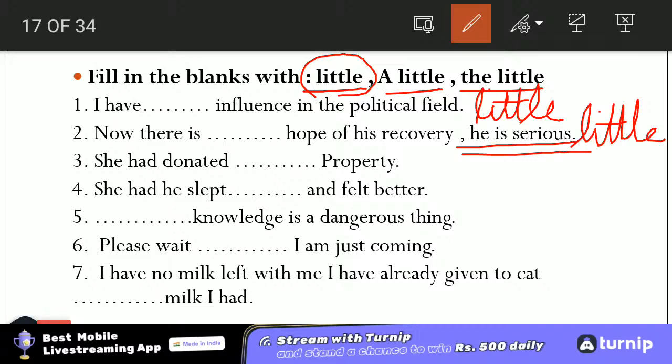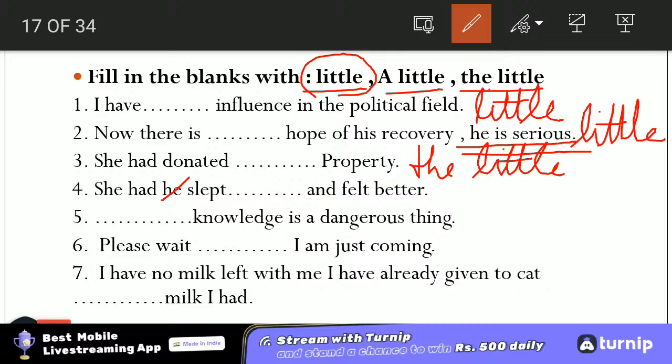क्यों थोड़ा सा ही होप है? क्योंकि वो सीरियस है. Third situation, she had donated dash property. अब उसके पास जितनी थी उसने उतनी प्रॉपर्टी भी डोनेट कर दी. So correct: she had donated the little property. Fourth, she had slept dash and felt better. वो सो गया, and felt better. So it is giving a positive meaning, कि उसे बेटर लगा.